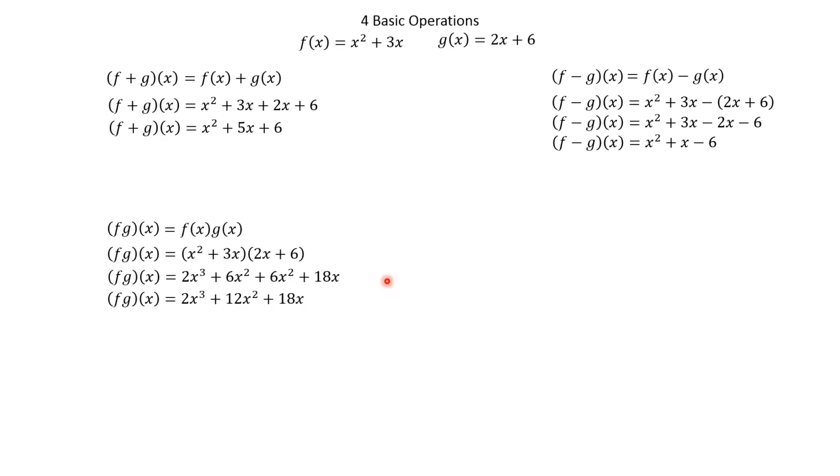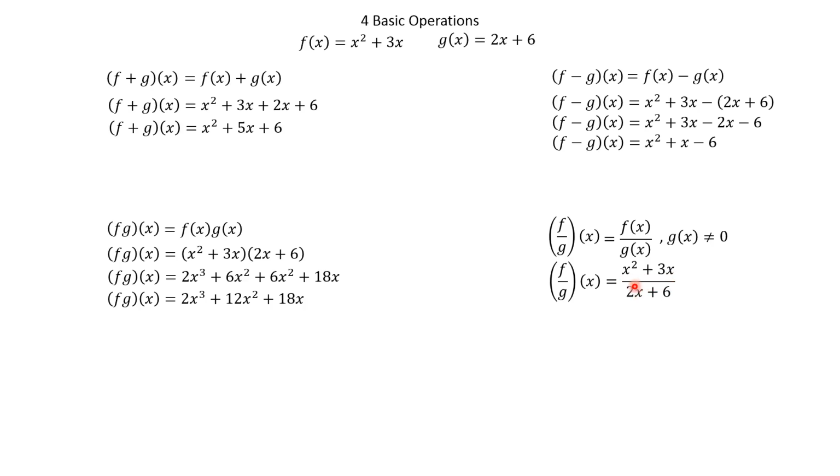And then our fourth one, f over g of x, which is f of x divided by g of x. And this one comes with the stipulation that g of x, the denominator, can't equal 0. So we could just plug in our functions, x squared plus 3x over 2x plus 6. We just got done dealing with stuff like this in the last chapter. To simplify, we're going to factor the top.